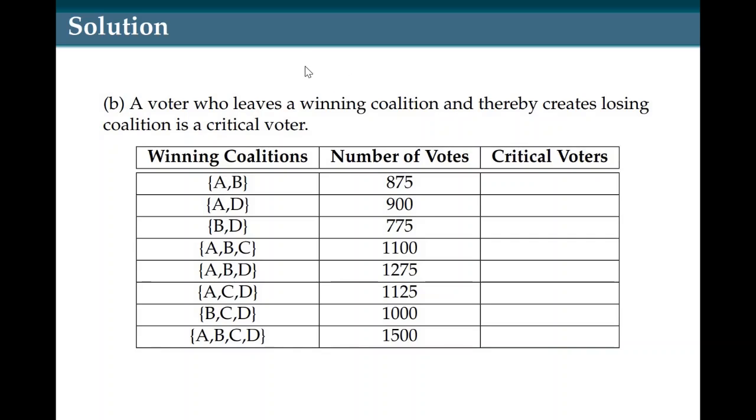So let's recall the weighted voting system. 751 as the quota, 500 voter A, 375 voter B, 225 voter C, and voter D 400.